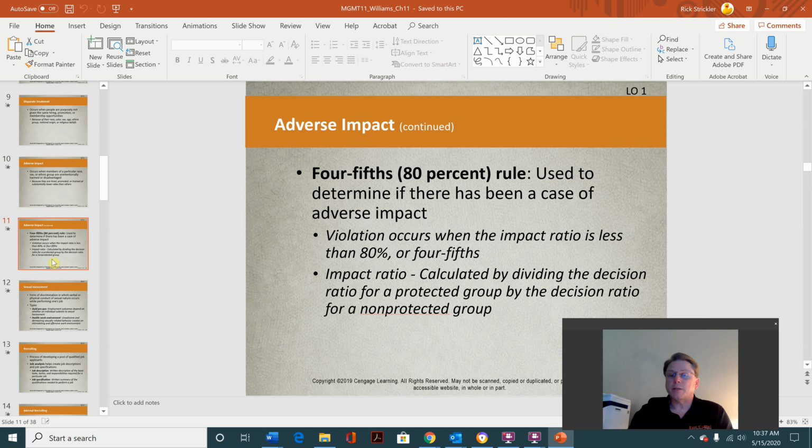The impact ratio is calculated by dividing the decision ratio of a protected group by the decision ratio of a non-protected group. So, in other words, if you have 100 employees and 40 of the 100 are a minority, and you promote 10 people, and 9 of the 10 people are not minority people, that would have adverse impact.